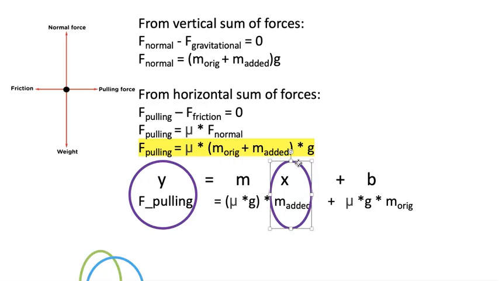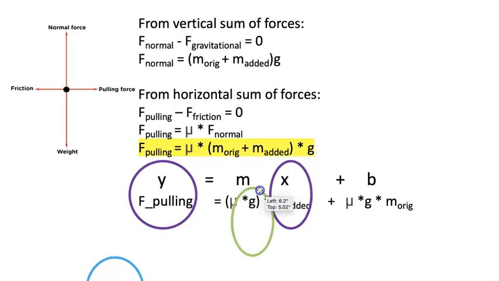That means that anything that's left over in this equation, mu times g plus mass original, those are the numbers that I can actually get from my equation. Those are going to be numbers in the equation in the final graph that I make.